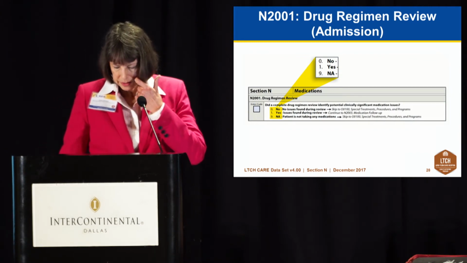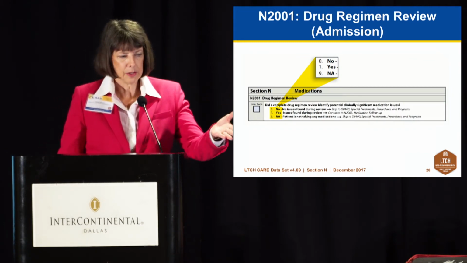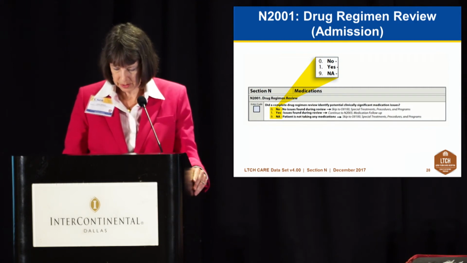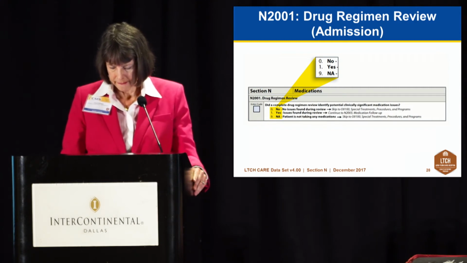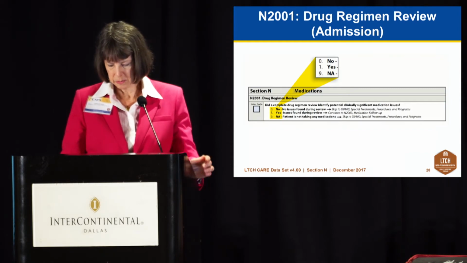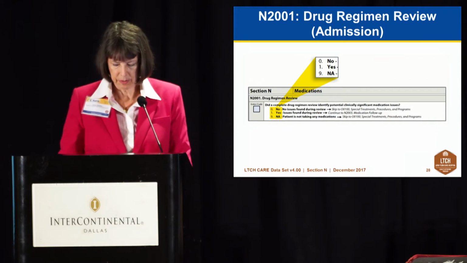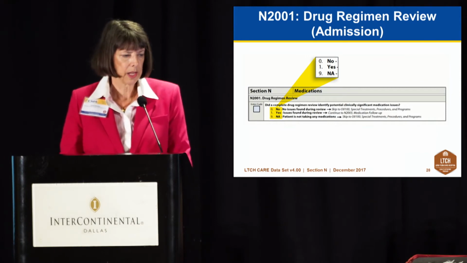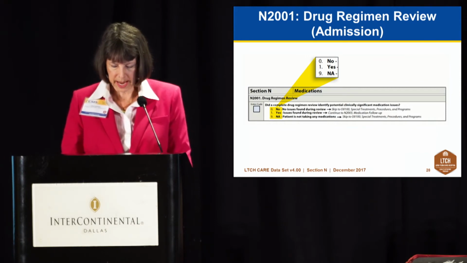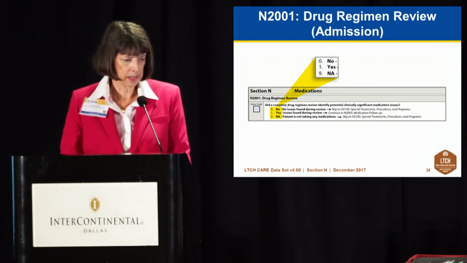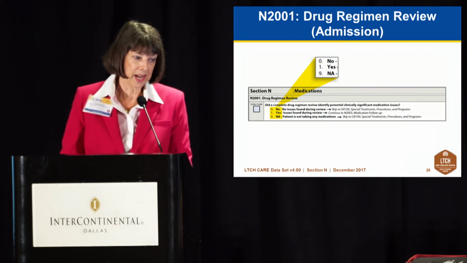So earlier we read through the items, and now we can see that there are numeric response codes that you will choose from per assessment item, and we'll go over these responses more thoroughly in a moment. You can see that item N2001 has codes 0, 1, and 9.